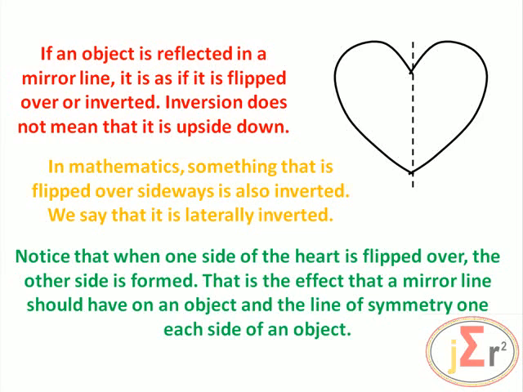That is the effect that a mirror line should have on an object, and the line of symmetry on each side of an object. The same effect that a mirror line has on an object is the same effect an axis of symmetry should have on each side of an object.